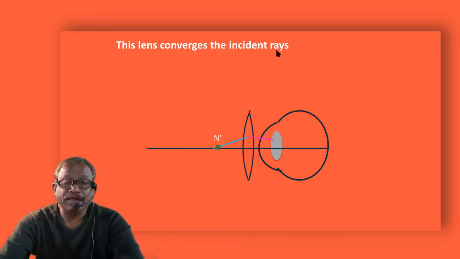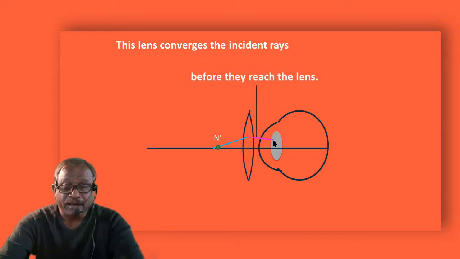The incident ray, after refraction, converges, meaning it comes towards the principal axis through some degree before it reaches the eye lens, and then the eye lens again converges that ray and the image falls on the retina.